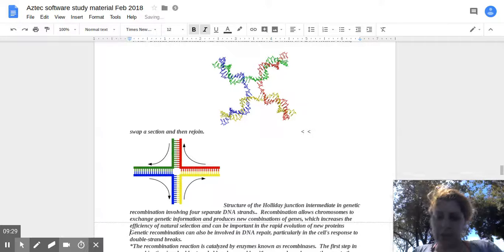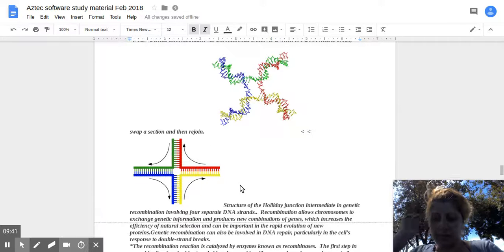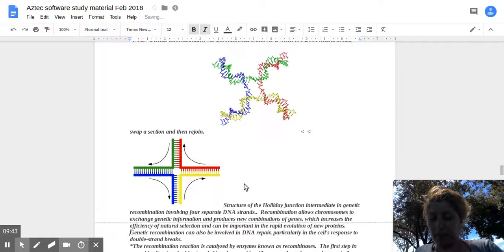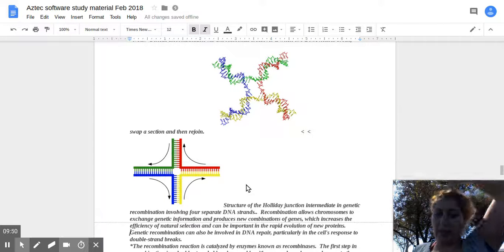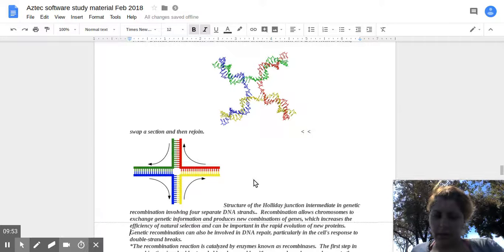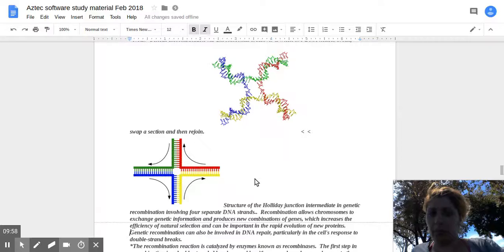Genetic recombination can also be involved in DNA repair, particularly in the cell's response to double-strand breaks. So various functions of the cell can be affected by genetic recombination and the production of new proteins. Recombinases are enzymes which catalyze recombination reactions.